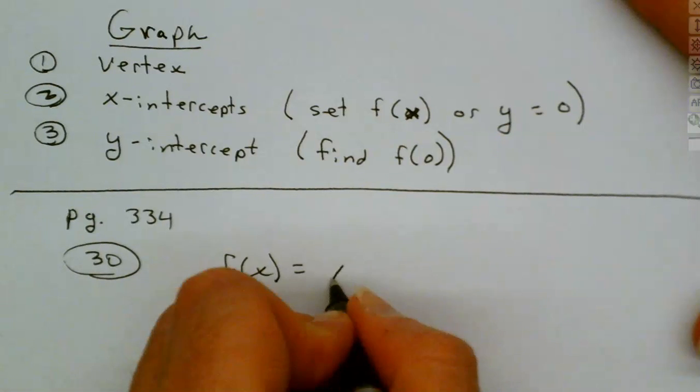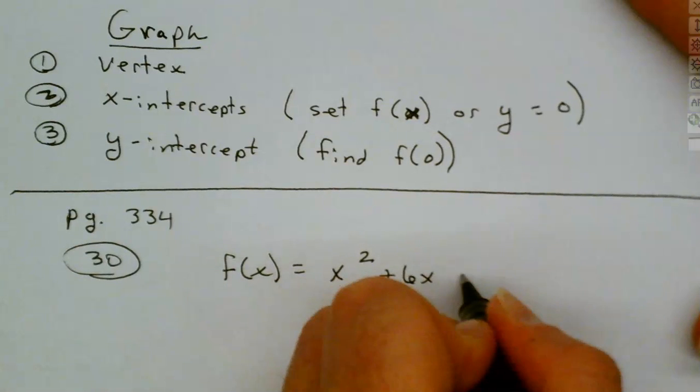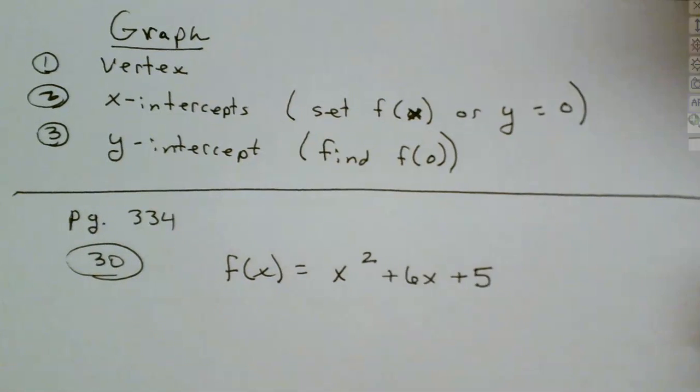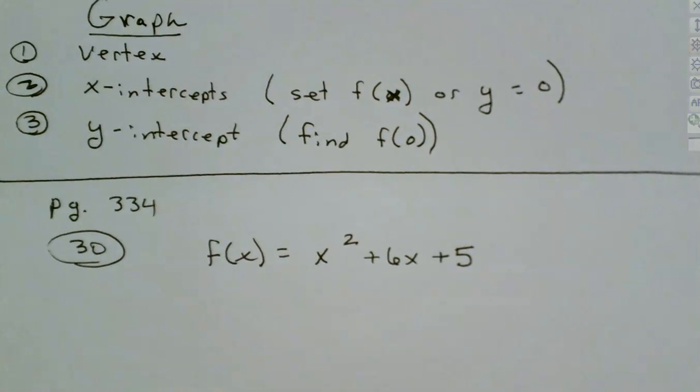And what we've got is x squared plus 6x plus 5. So we want to graph this one. And we need to follow the 3 steps. So we're going to have to find the vertex. We're going to have to find the intercepts. Now you may have to factor when you get the intercepts.